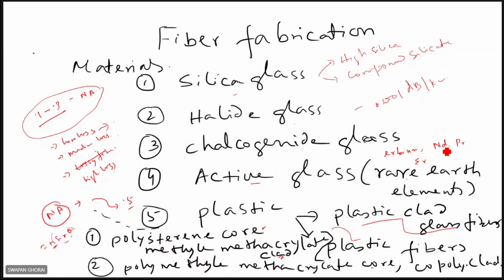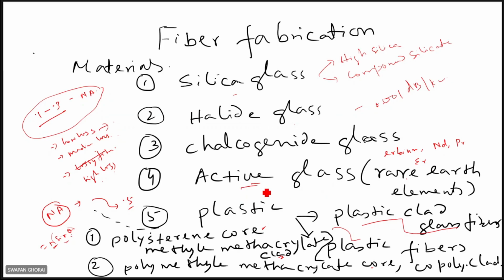These elements are doped within the fibers, and if you use these elements, then these fibers can act as an amplifier. I told you optical amplifier is here. It can be a semiconductor optical amplifier, an erbium doped fiber amplifier. So those fibers can be used for amplifiers, or can be used for a source also. They can emit light also.